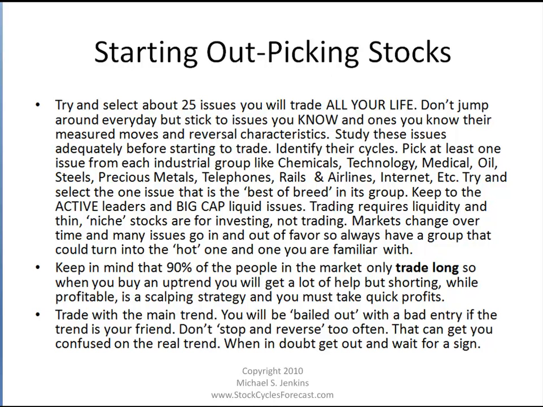Look at the cycles, look at the average measured moves, look at the personality and the characteristics of the stocks, how they make bottoms, how they make tops, if they have any clearly identifiable cycles, how they relate to the economy, and try and pick a stock from each of the industrial groups, the technologies and the transportations and the precious metals and the oils, etc. So they always have something that will move no matter which way the market goes.